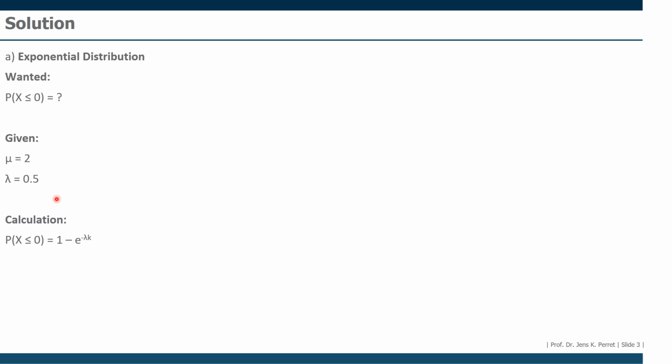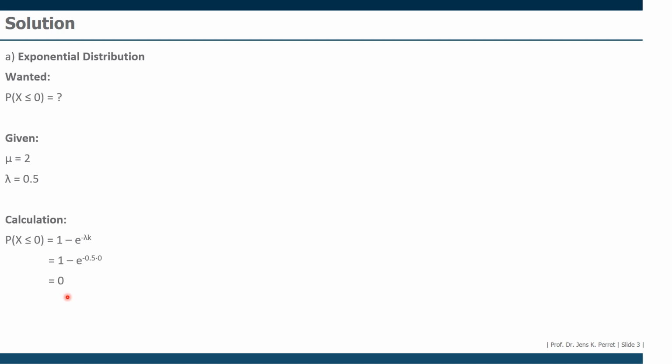So simply insert 0.5 times 0, meaning I get 1 minus e to the power of minus 1/2 times 0, or 1 minus e to the power of 0. Everything to the power of 0 is simply 1. So we get 1 minus 1, giving us a probability of 0. So the probability of not having to wait at all will be 0%.